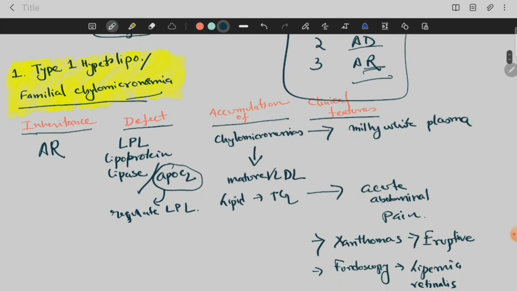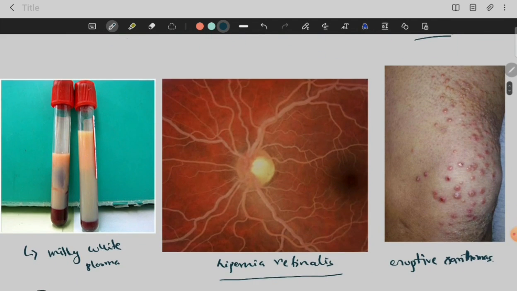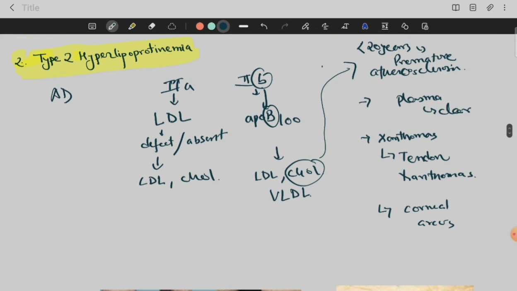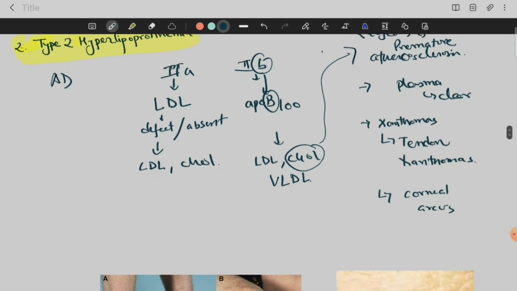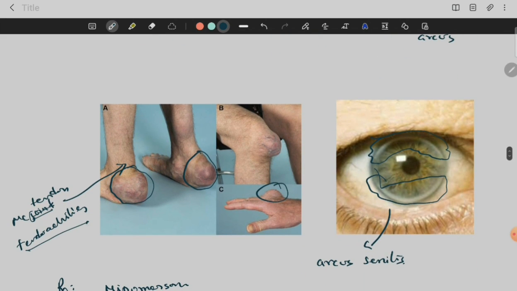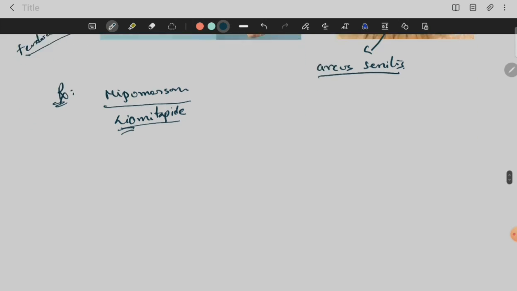Also for type 1 there is milky white plasma, acute abdominal pain, eruptive xanthoma, and lipemia retinalis. You can see the images here. Just in a few minutes, if you have an exam tomorrow or the day after, you can revise it in 3 or 4 minutes, and you will surely get the marks in the exam. But it's just simply remembering this.